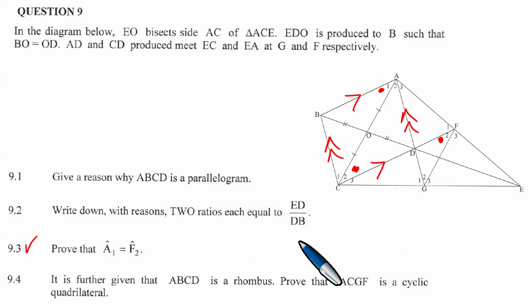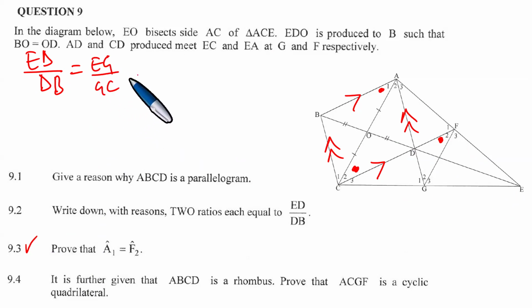In 9.2, you already have ED over DB, which we've seen is EG over GC.